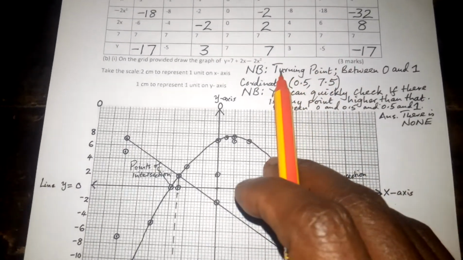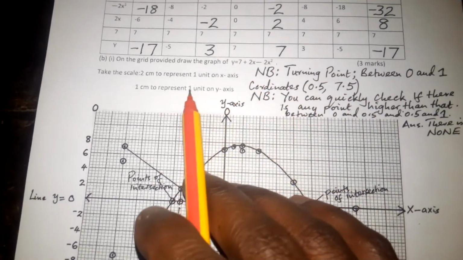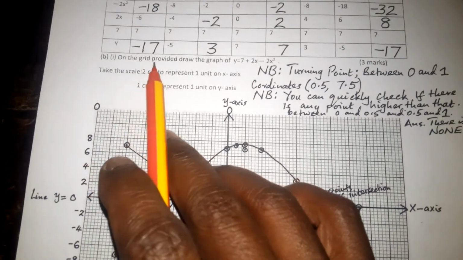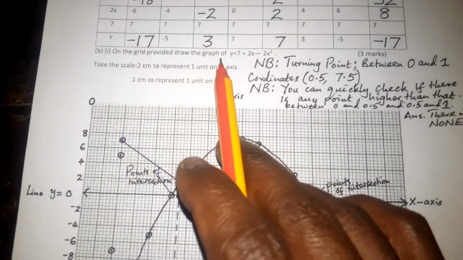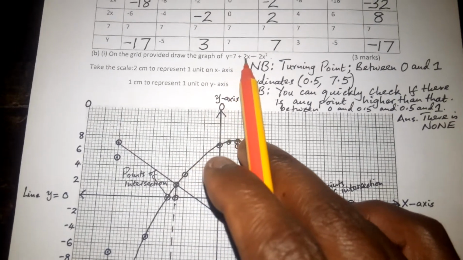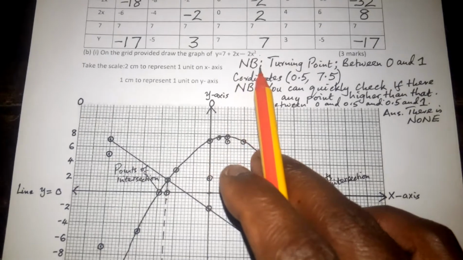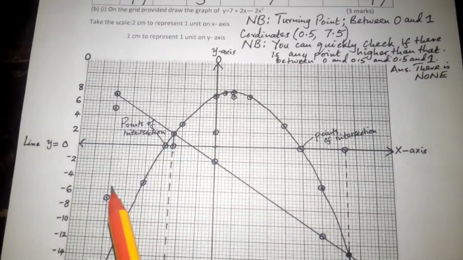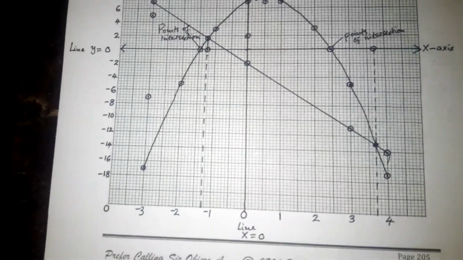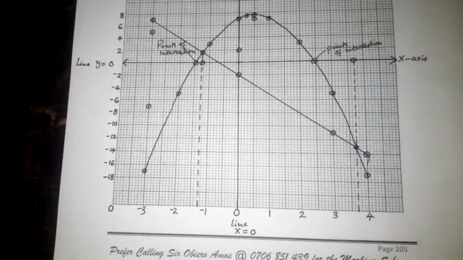Then now we are supposed to draw. You are told on the grid provided, draw the graph of y is equals to 7 plus 2x minus 2x squared. So we simply plot, and I think here something to note is choosing the scale.